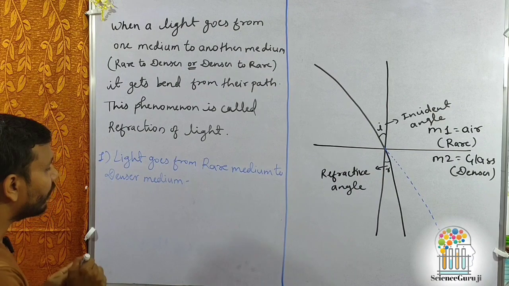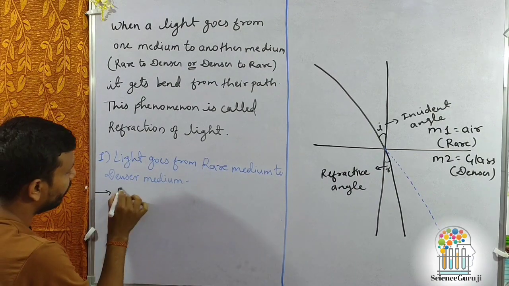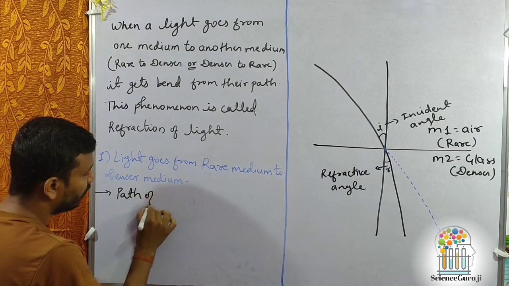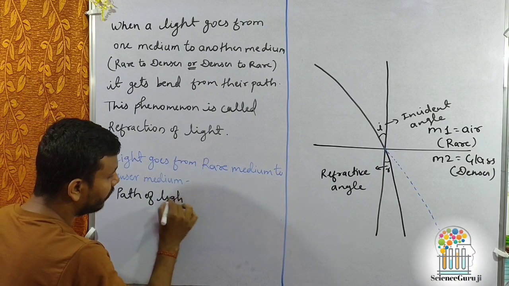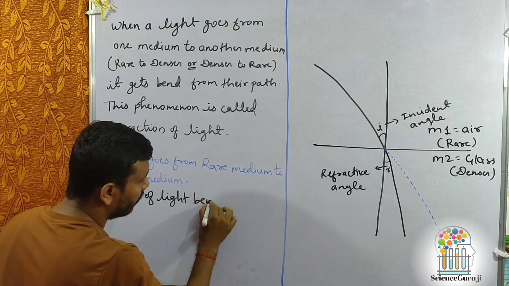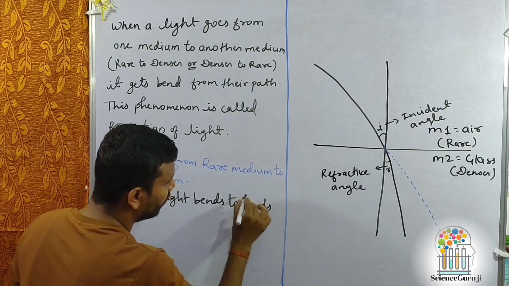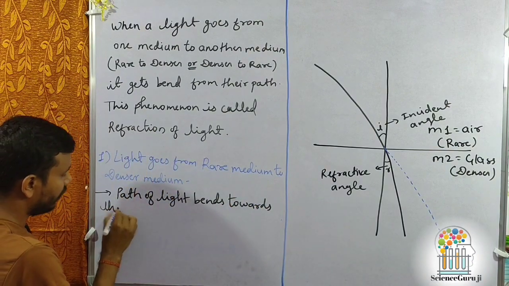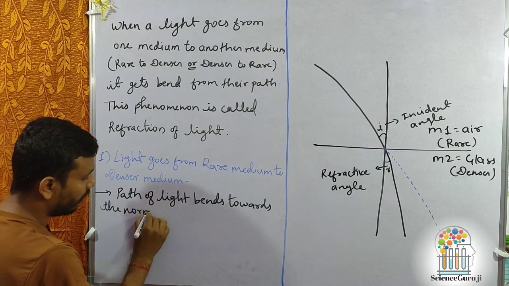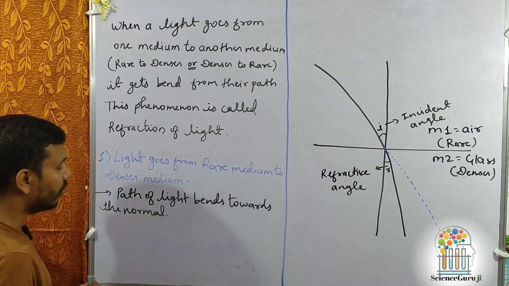Then the path of light bends towards the normal.